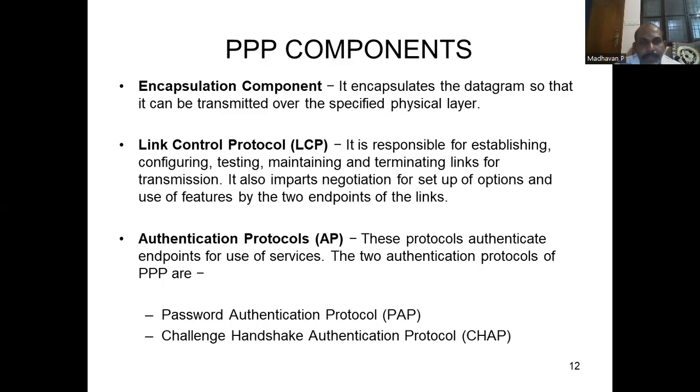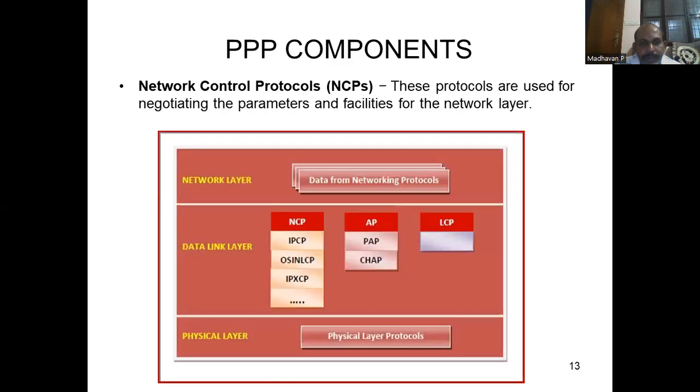Coming to the components involved in PPP, this diagram shows the protocol stack, and these are all the different components of PPP. So we have the networking layer, where the information is coming from the higher level layer. So the information is getting processed as datagrams. When it comes to the data link layer, this layer will do some stuffing and encapsulation, and converts the datagrams into a sequence of frames.